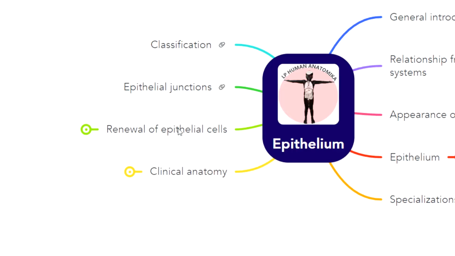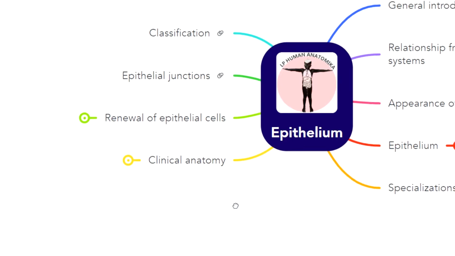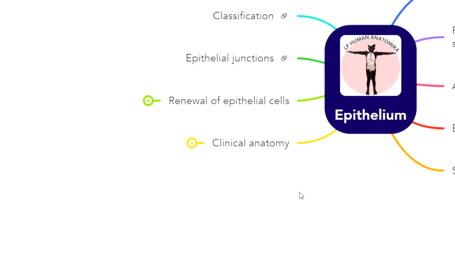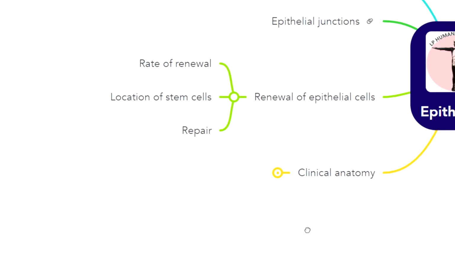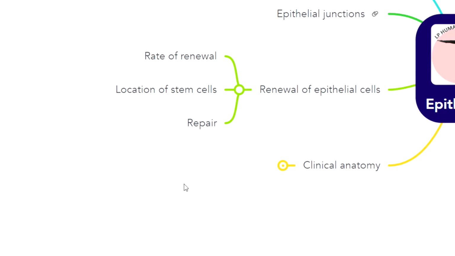Coming to the renewal of epithelial cells. There is constant renewal of cells in different parts of the body, and the rate of renewal varies accordingly in different parts of the body.